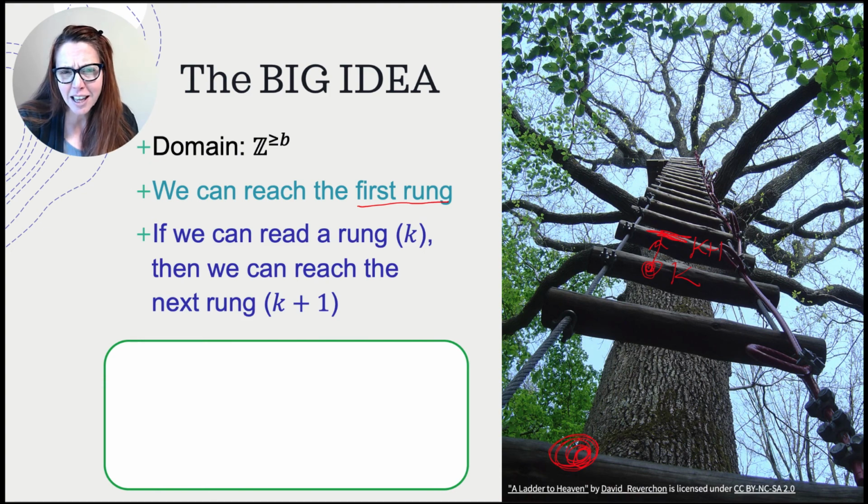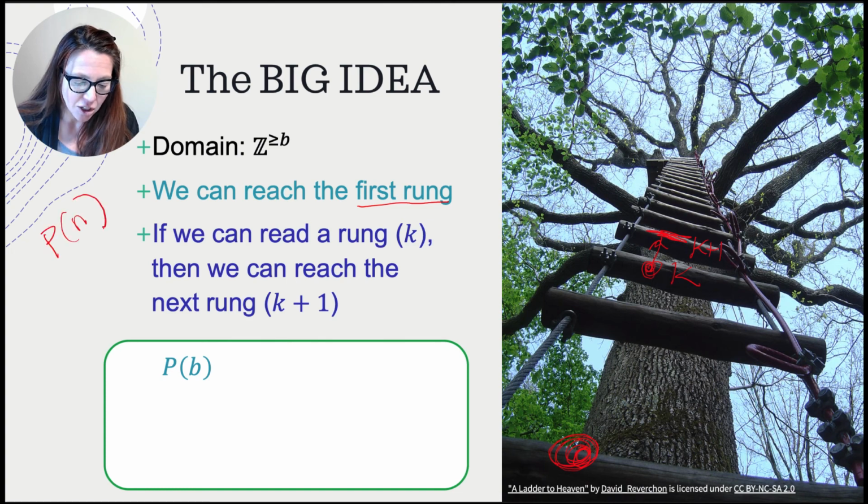What that looks like in terms of mathematical proof is that reaching that first rung is showing the predicate is true for n equals b. If we have some predicate p of n, you're showing me that you can reach the first rung, you can reach p of b.